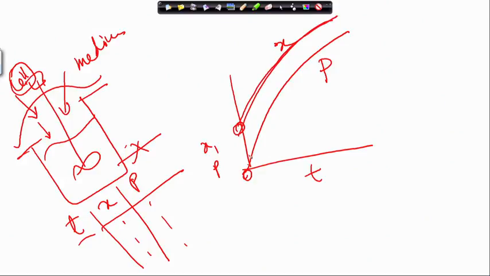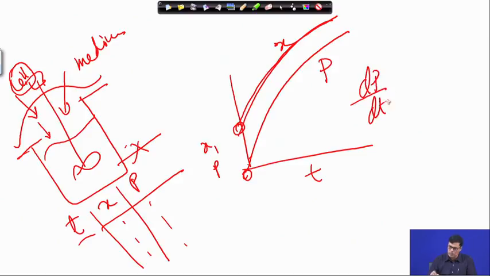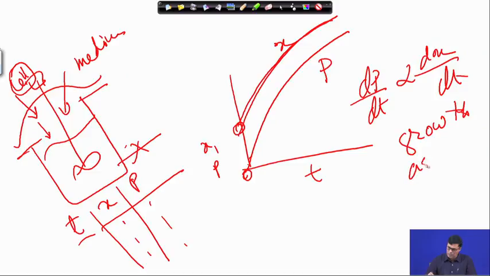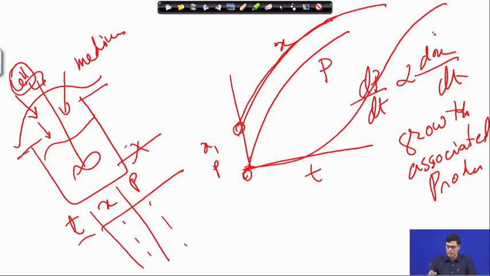And then as your cells grow, if your product formation takes place simultaneously, then what can we write? dp by dt is proportional to dx by dt. Am I right? So, in that case we call it a growth associated product. Now, suppose when your organism attains the plateau, then your product formation starts.